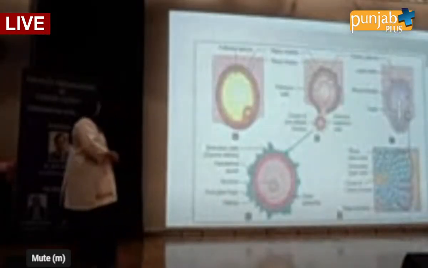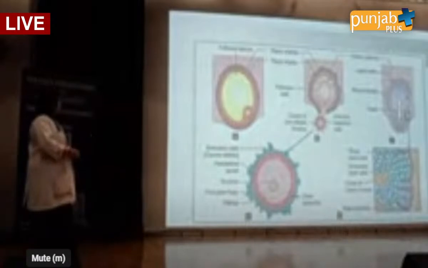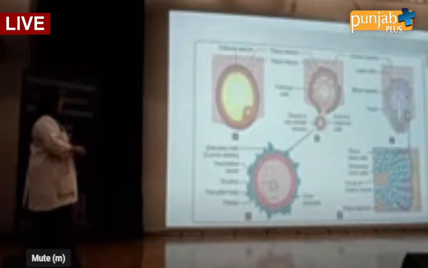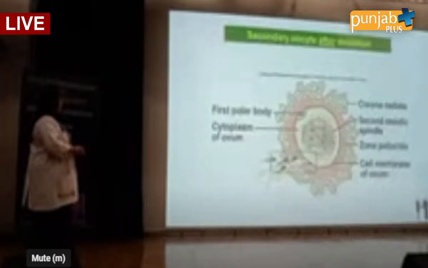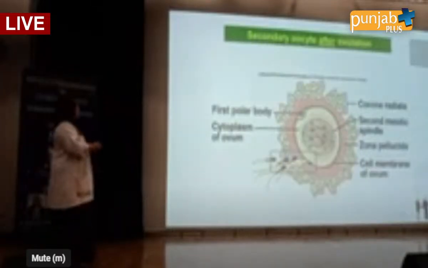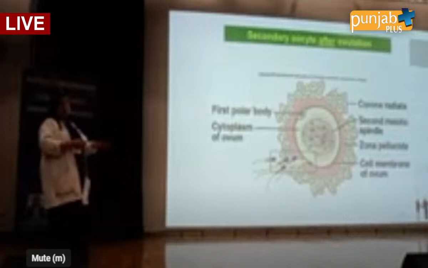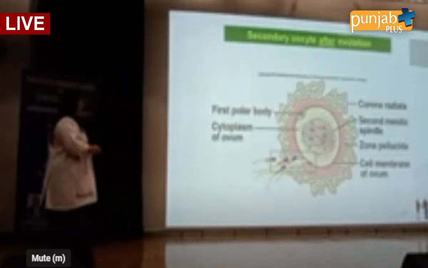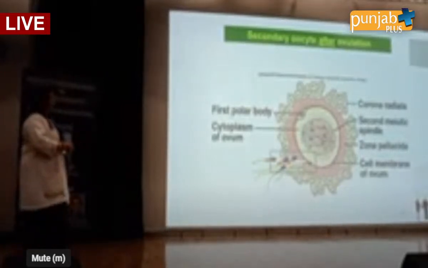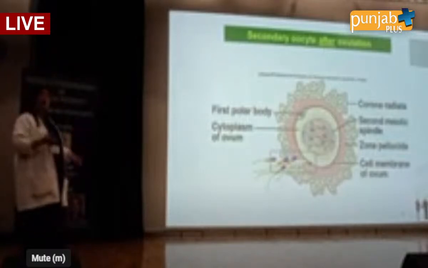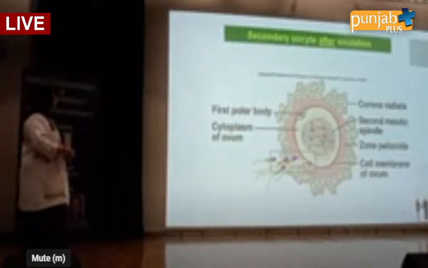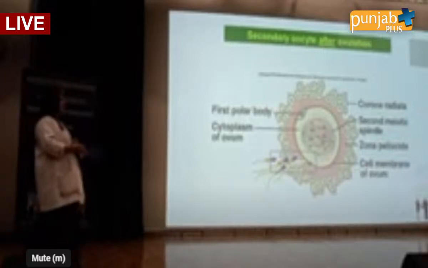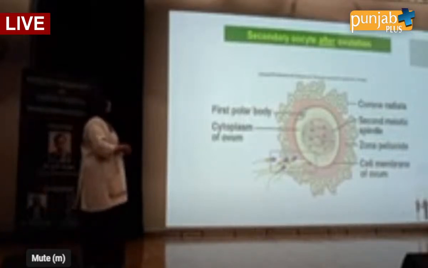This is the diagram after the ovulation, in the metaphase stage, and this is the secondary oocyte that we will be dealing with in the next lectures. The metaphase arrest has occurred here, and there is the zona pellucida. These cells are arranged radially to form the corona radiata, and the cell membrane is there. The spindle of the second meiotic division is arrested at the metaphase stage, and then the first polar body.